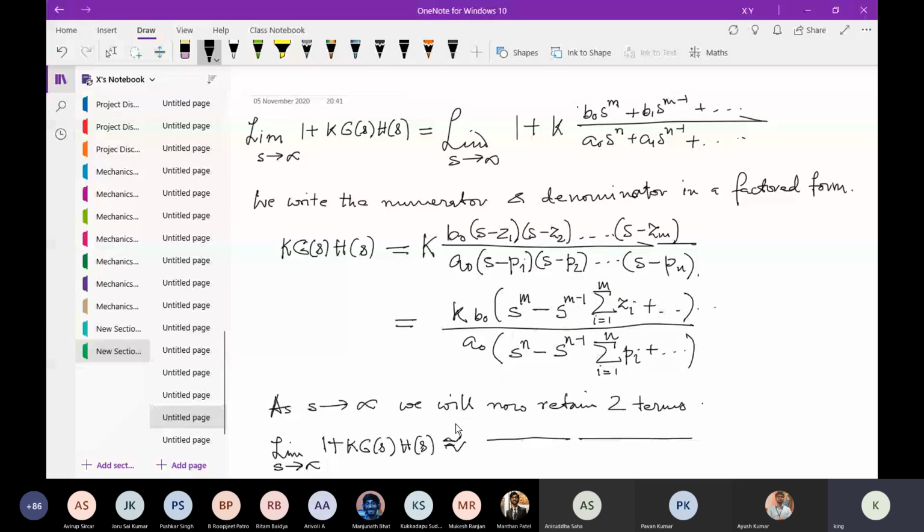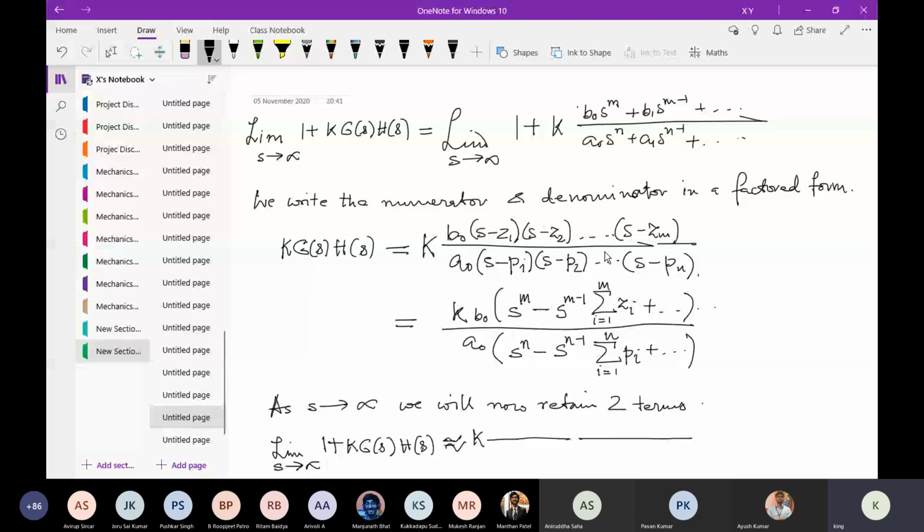Sir, here KGSHS is -1. So this Z and P are the poles and zeros of TS, or Z is the... You look at GS and HS combined, so whatever you get as zeros of this GSHS combination, the zeros will be coming from the numerators of these two.